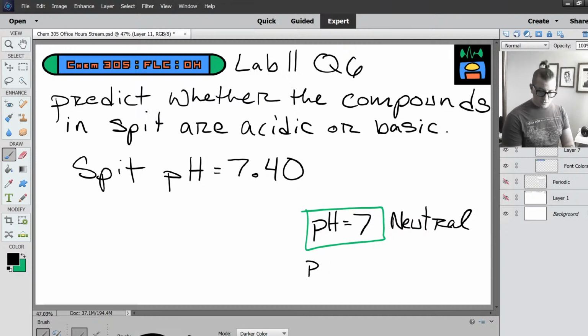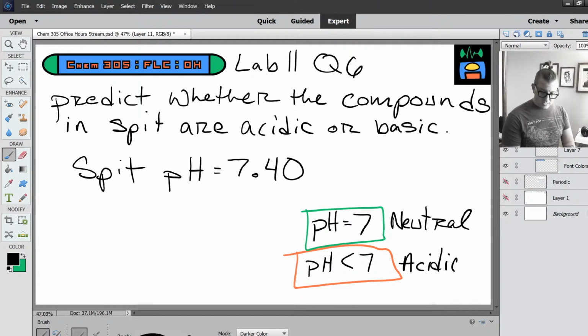If your pH is less than 7, this means your solution is acidic. And if your pH is greater than 7, pH greater than 7 means that your solution is basic.